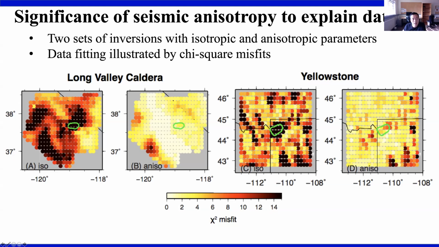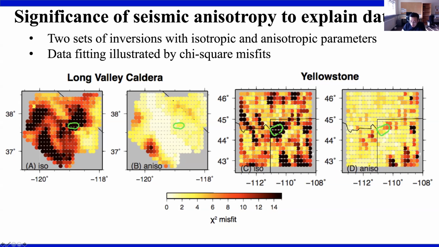For the isotropic case, you generally have a lot of black and red regions, which means the misfit is really bad, compared to when you allow anisotropy, where it goes to yellow and white, which is very good fitting. Particularly, you can see a dramatic reduction in misfit beneath these two volcanoes.